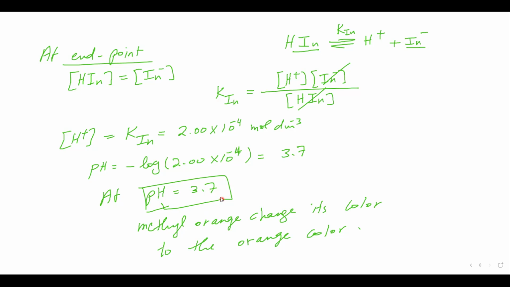But we want to know at which pH it will be red and at which pH it will be yellow. It should be red when we place it in an acid medium. It means that when the concentration of the acid species is equal to 10 times the indicator negative concentration, then the indicator will have the red color corresponding to the acid medium.